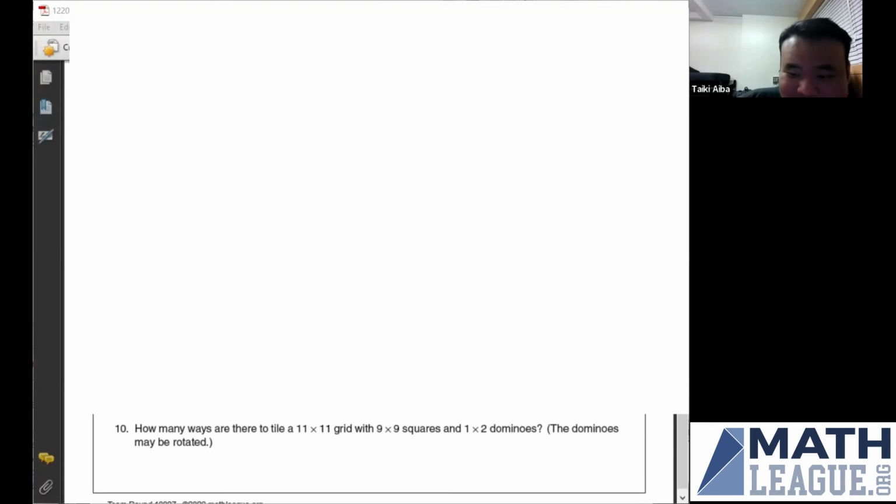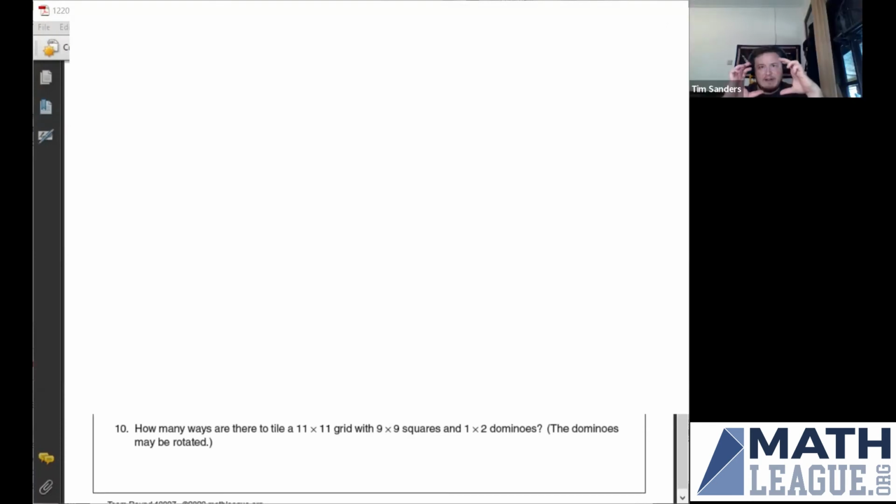Probably, yeah. Because if I've got a 9 by 9 in the middle, then I put a 1 by 2 anywhere, and then the rest of the border is completely determined. But if I shift that 1 by 2 one space over, I get a completely new thing. But if I shift it over again, I'm back to the original one. So there's 2.